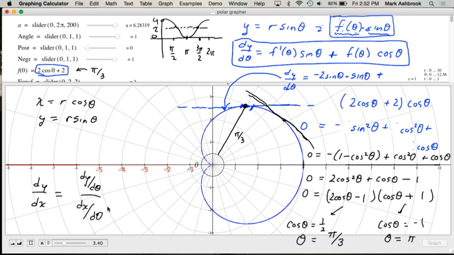You know how to do dy d theta. Dx d theta is the same way, but you start with r cosine theta. If you make those two product rules into a ratio, you get dy dx as a function of theta, right? So as a function of theta, you're getting the Cartesian slope of the curve dy dx. Then you could find the equation of the tangent line, because you have the slope.